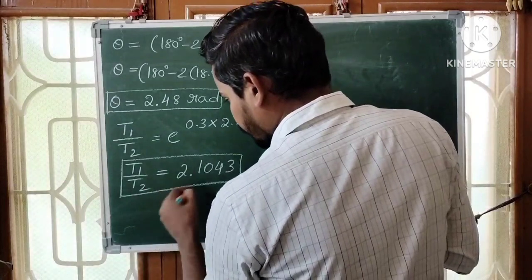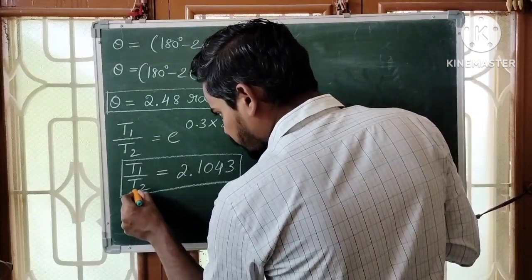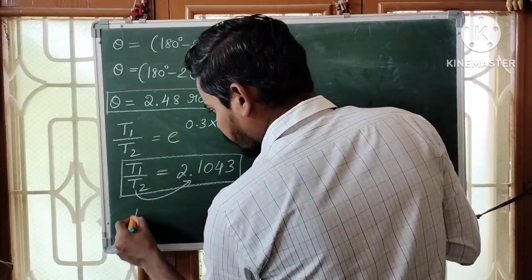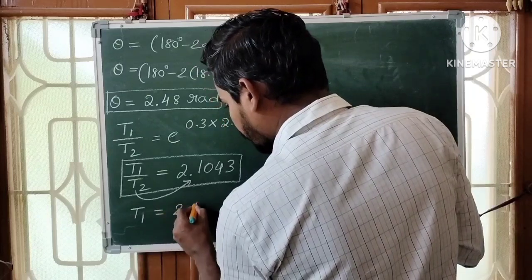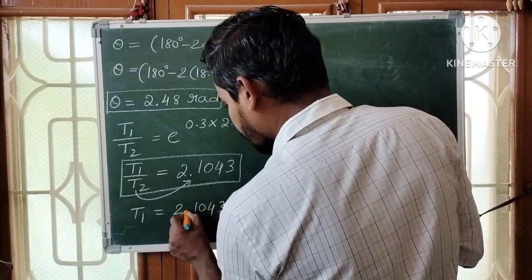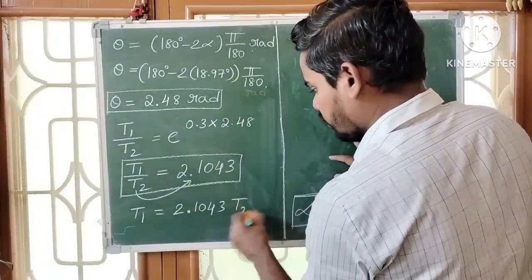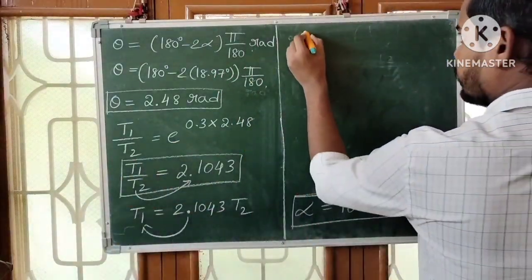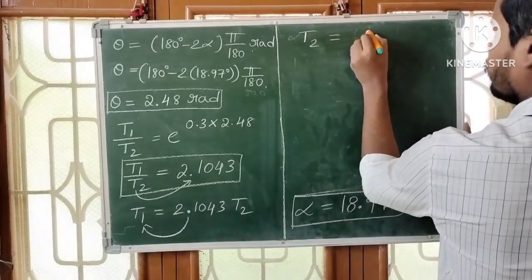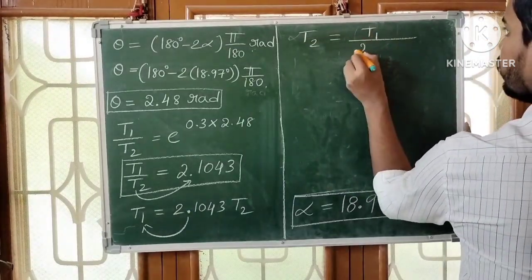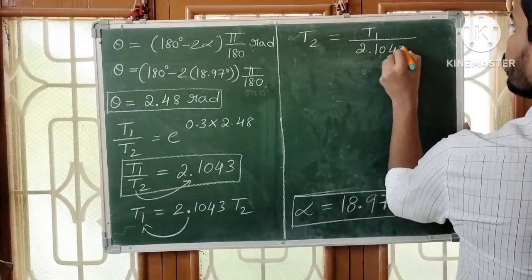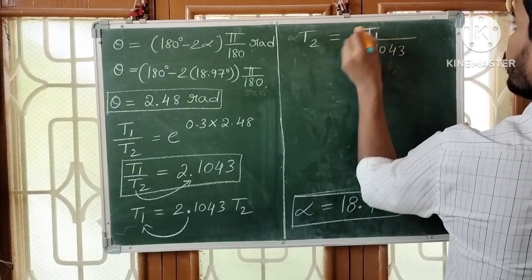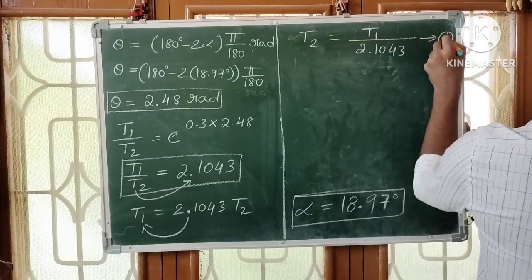From this equation, transpose T2, you will get T1 is equal to 2.1043 into T2. Now transpose 2.1043, multiplication becomes division. T2 is equal to T1 by 2.1043. Let it be equation number 1.